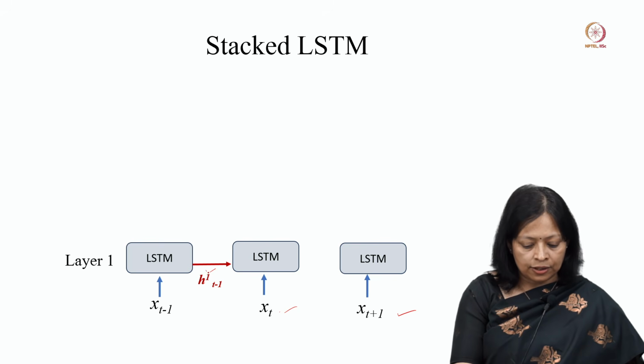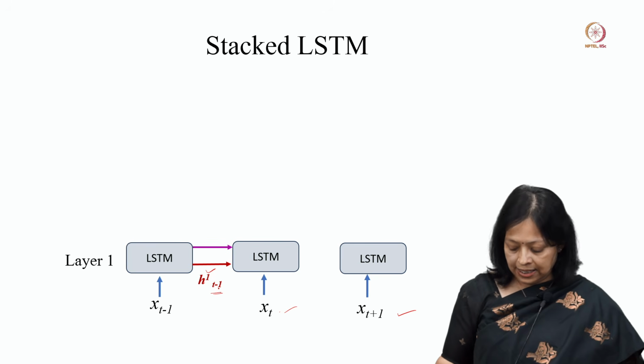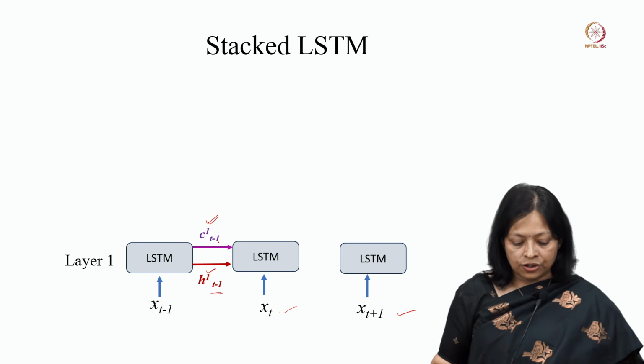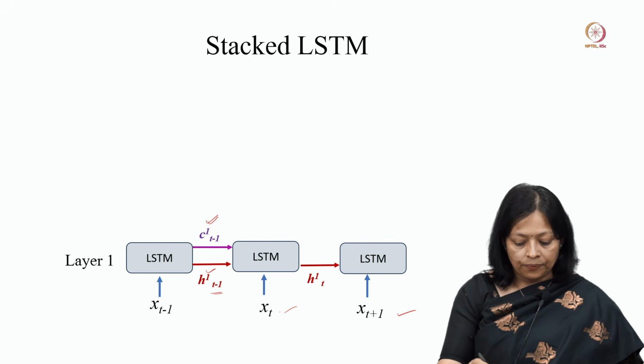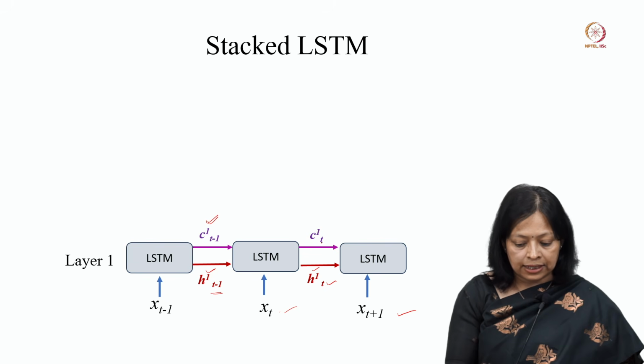The superscript 1 shows that it is from layer 1. So, this is the hidden state from the t minus 1th state, and we have the cell state from layer 1 at the t minus 1th time instance, and then here it is h1t, that means the first layer hidden state at time instance t, and here the first layer's cell state at time instance t.